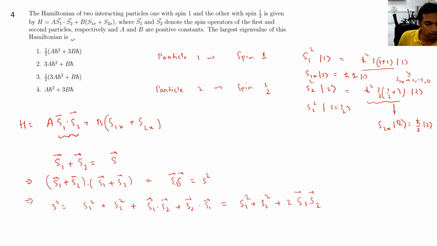Up to this is an operator equation. Now we will replace this by its eigenvalues. We know that this is a spin 1 particle and this is a spin half particle, and on addition, what is the maximum value this S can take?